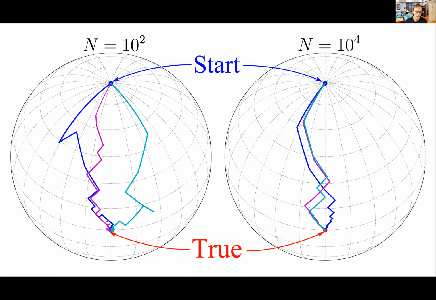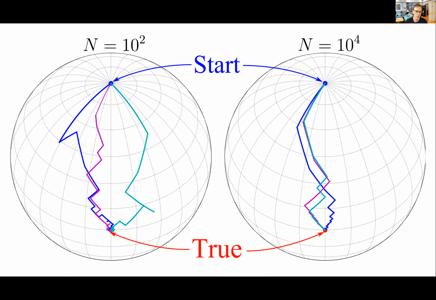So here's a qubit, and I'm starting at the 0 state, so ket 0, the z plus 1 eigenstate, and let's suppose the true state is the plus 1 x eigenstate. Each of the lines, the blue, purple, and cyan lines, is one run of the algorithm.